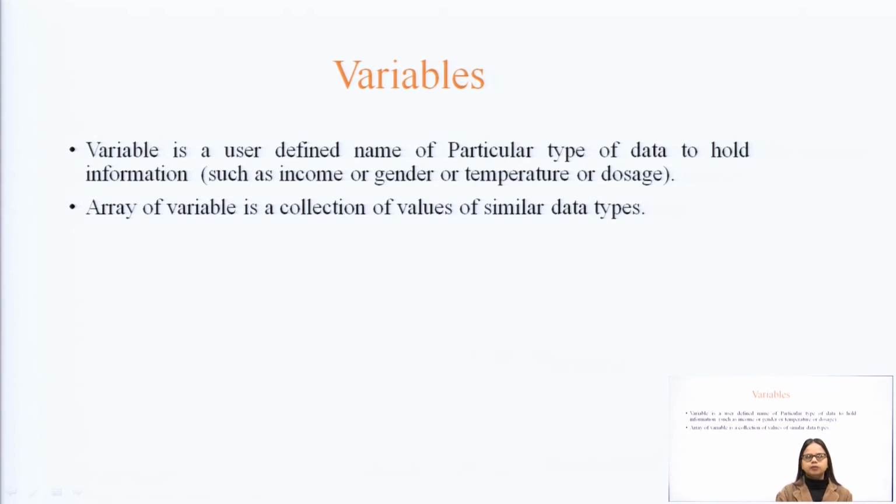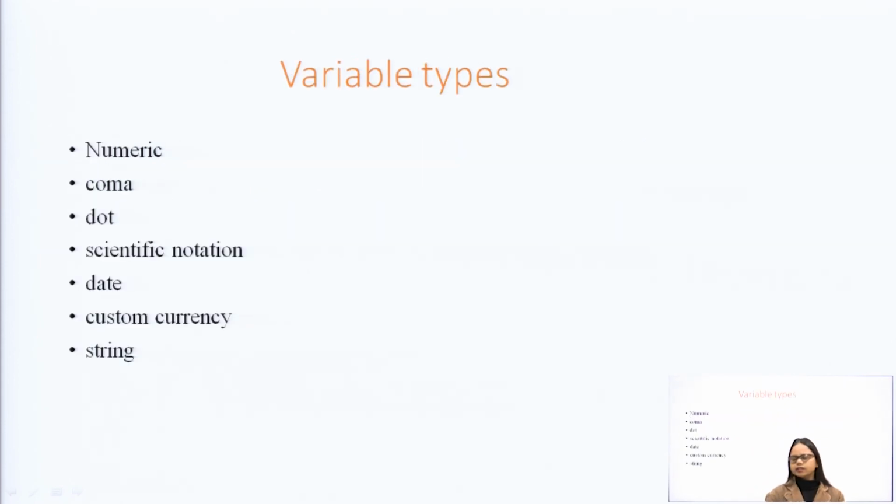An array of variables is a collection of values of similar type of data. Next is variable types. The variable types are numeric, comma, dot, scientific notation, date, custom currency and string.